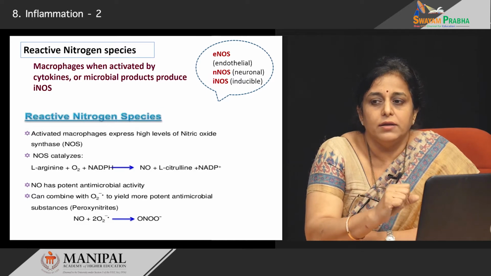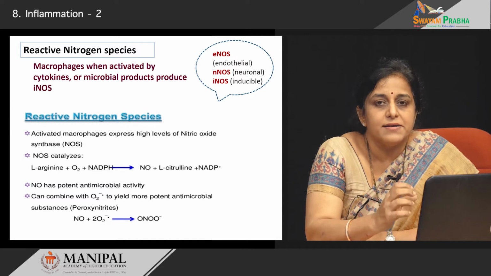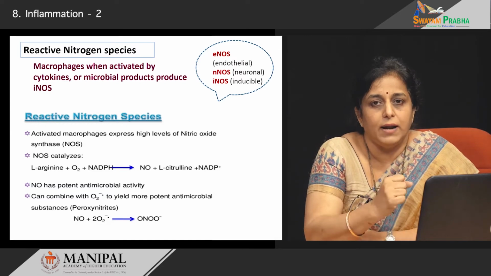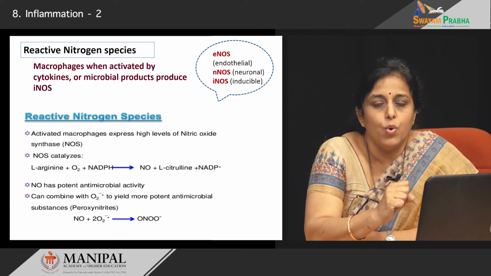In addition, the nitric oxide that is formed binds with superoxides and results in formation of another potent antimicrobial agent, which is called peroxynitrite, ONOO. So, this is also a potent microbicidal substance.